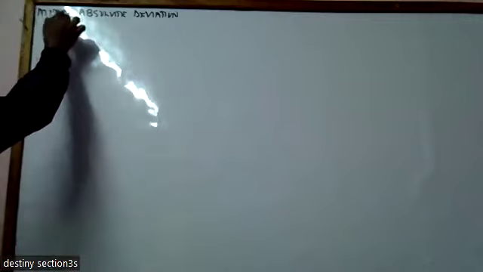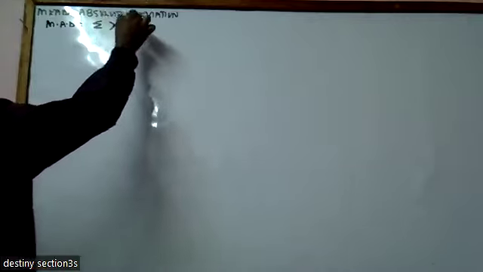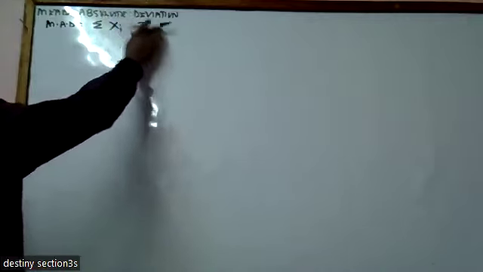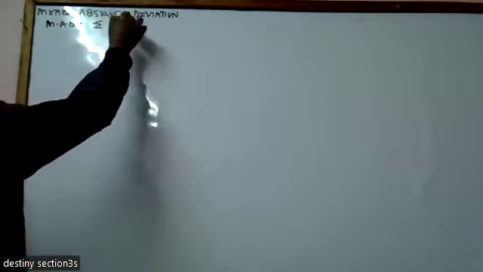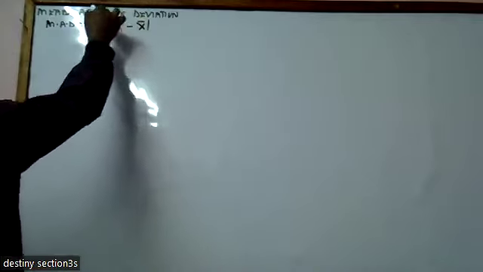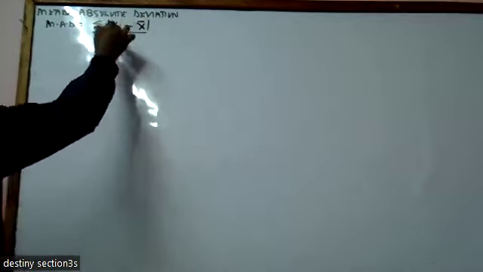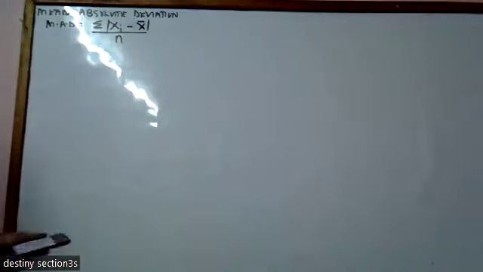So the mean absolute deviation is like this: the sum of the absolute value of xi minus x bar, and you divide by n. That's how you get the mean absolute deviation.